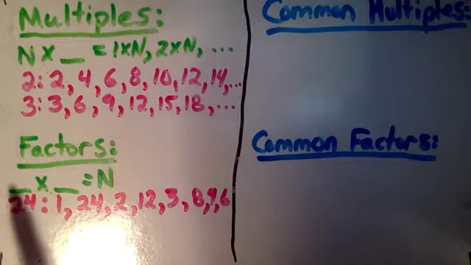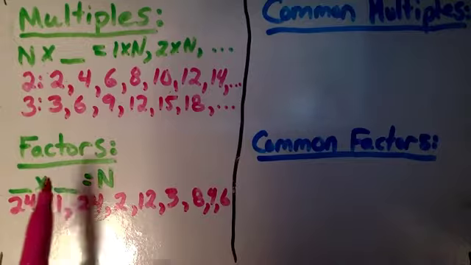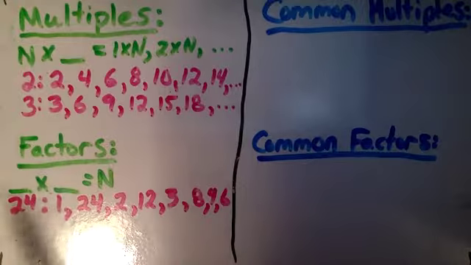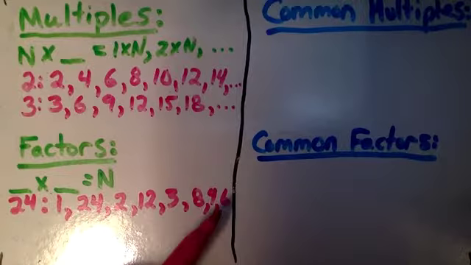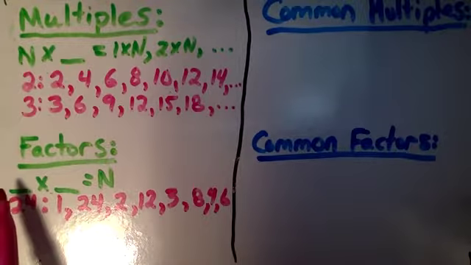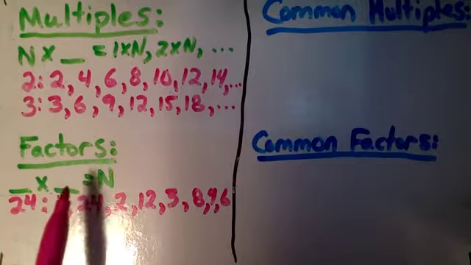So next, look at the next number, 5. Well, there are no whole numbers that 5 can be multiplied by to give us 24. So that's not a factor. 6 we've already included. 7, again, there's no number that can be multiplied by 7 to give us 24.